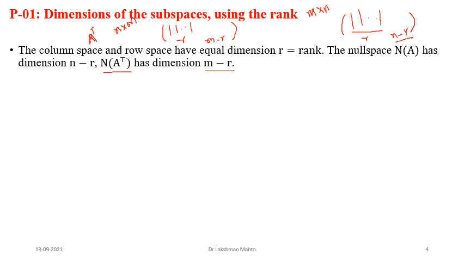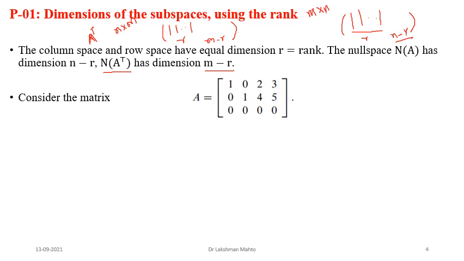So it is talking about all these. I have taken the same example. If you sum r plus n minus r, it adds up to n, which is the dimension of the domain space. Similarly, r plus m minus r equals m, which is the dimension of the target space.